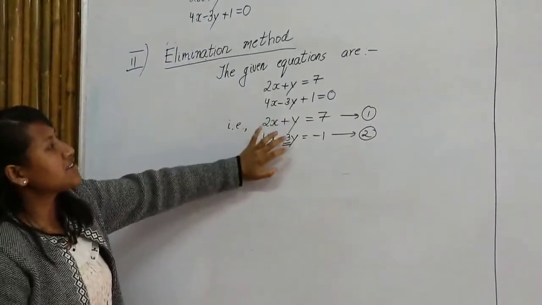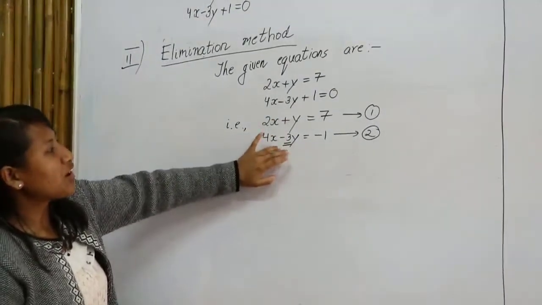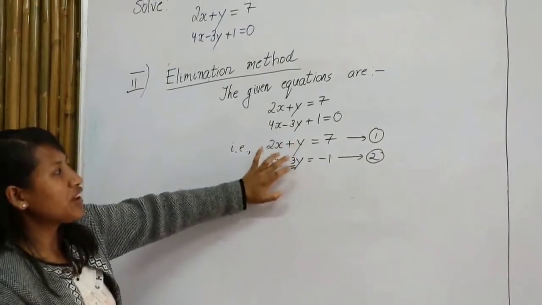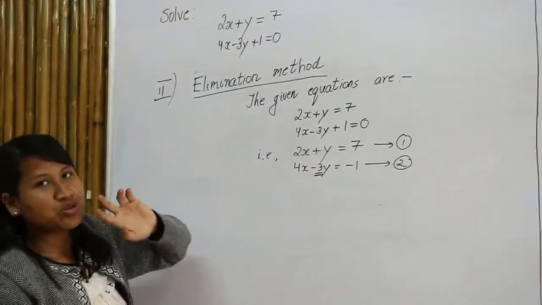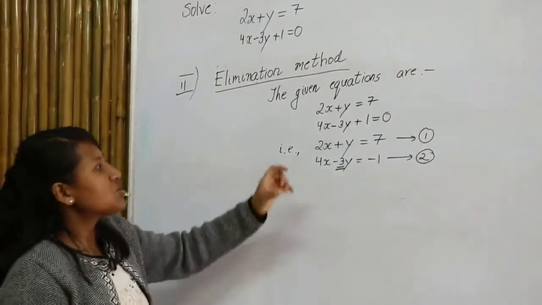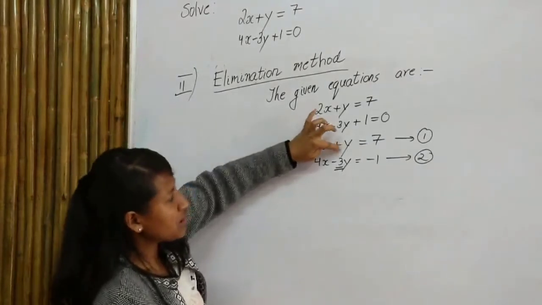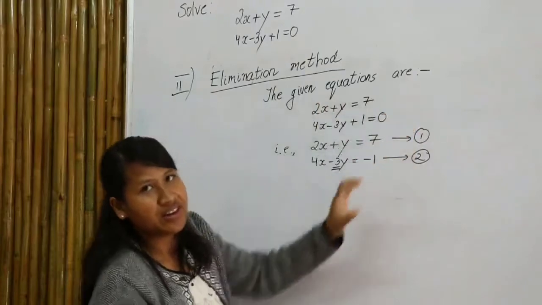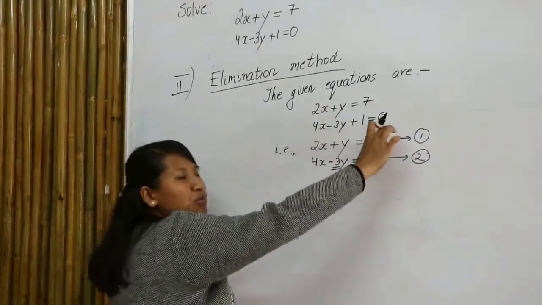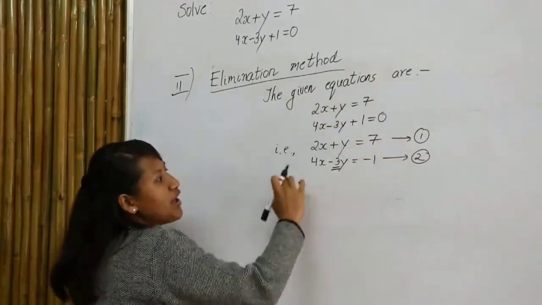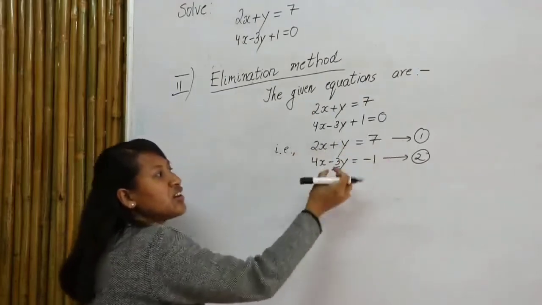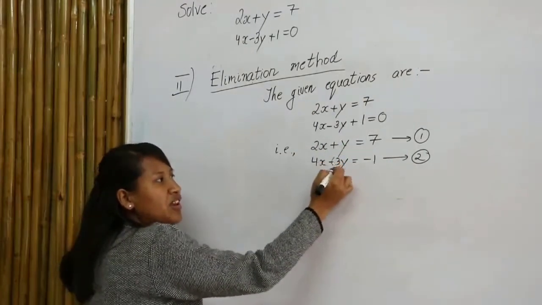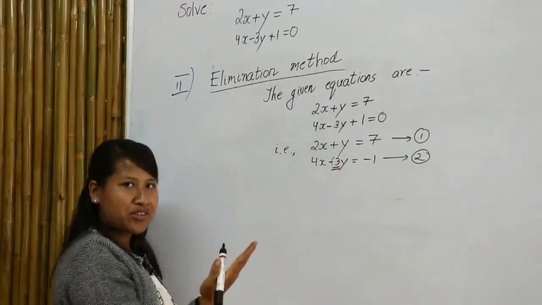If you consider the LCM of 1 and 3, it is equal to 3. So to make this one 3, we have to multiply throughout by 3. And this one, to make it 3, you multiply by 1, you get 3.